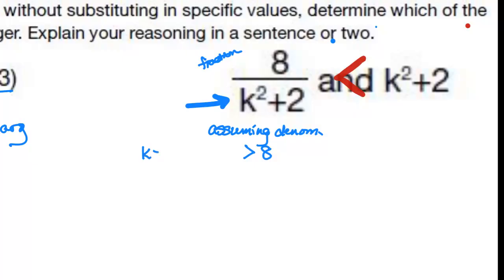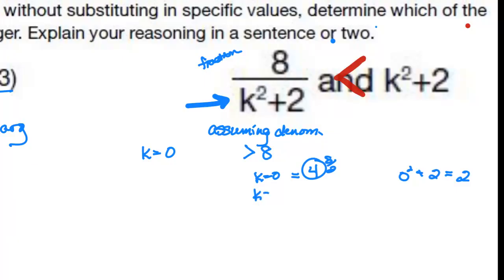So if k is equal to 0, what do I get for my expression over here? I get an answer of 4, right? Because I get 8 divided by 2, which is 4. Over here, I get 0 squared plus 2, I get an answer of 2. So for this one, the 4 is greater for 0.